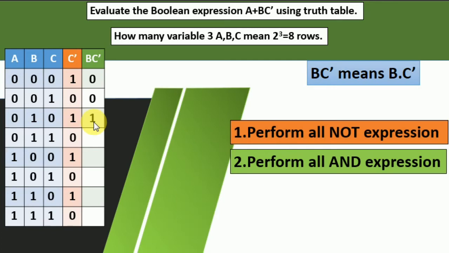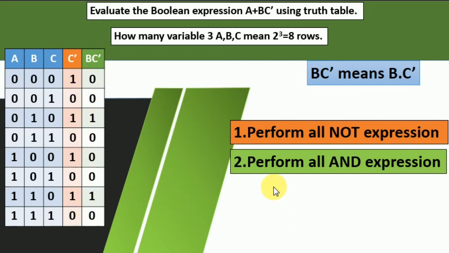Now 1 and 0 means false, that is 0. 0 and 1 is going to be 0. 0 and 0 is going to be false, 0. Then 1 and 1 is true, and 1 and 0 means true and false, which is always going to be false. Now this has been solved.